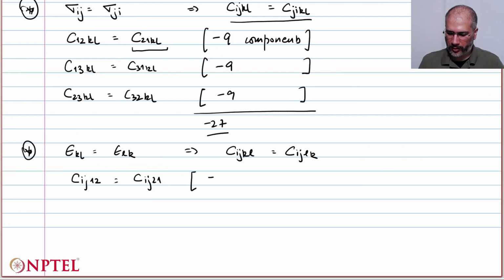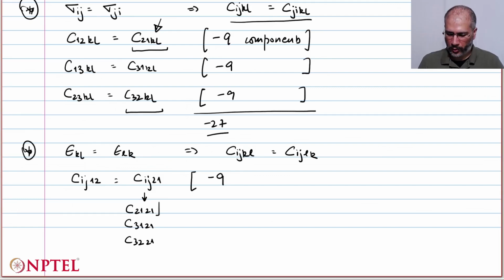So that should result in a minus 9 components like last time. But if you look at this one, this may have components like C_2121, C_3121, and C_3221. Now these components we already had discounted here. Like from here, C_21kl, we discounted all the 9 components.